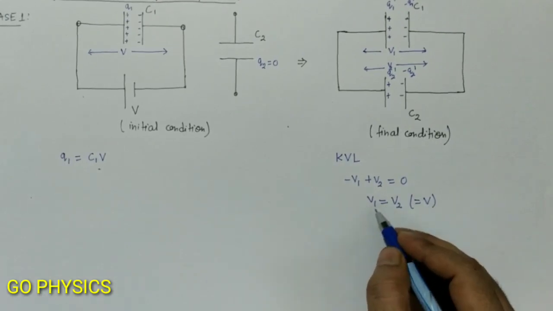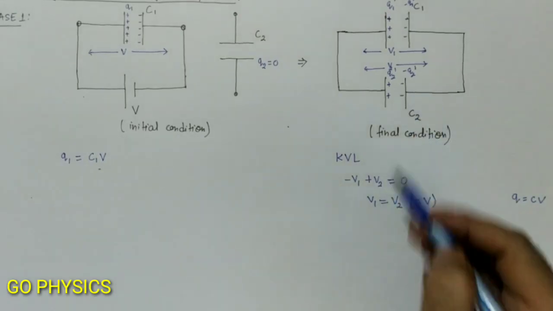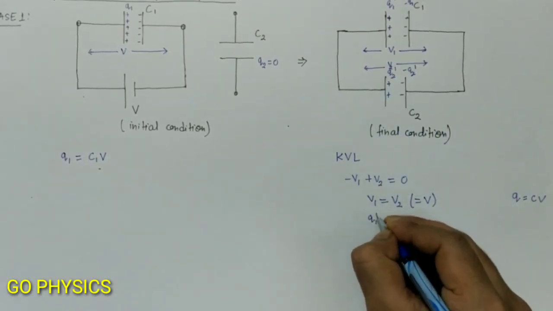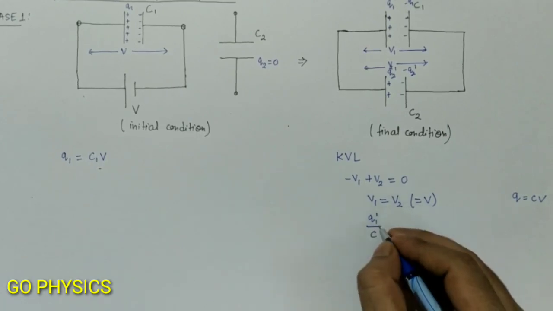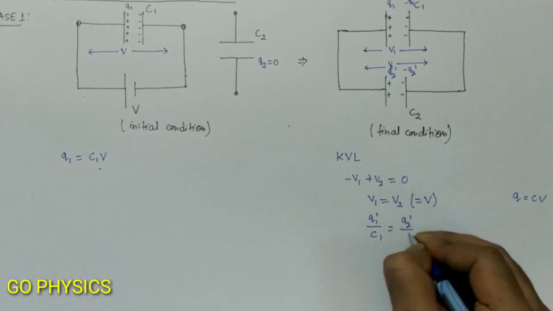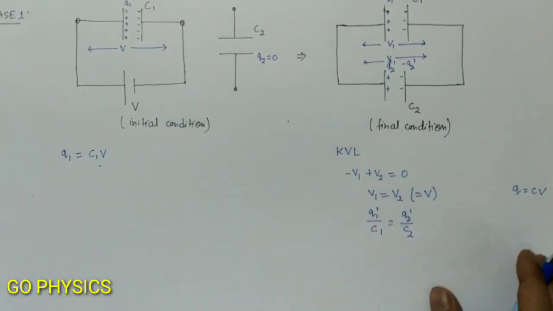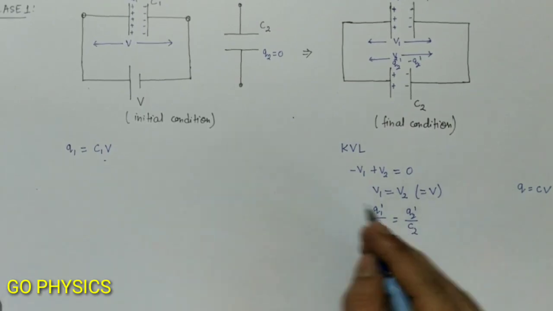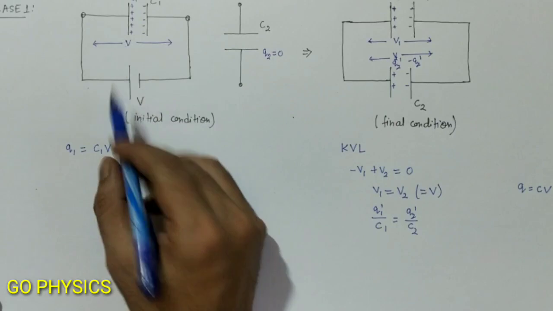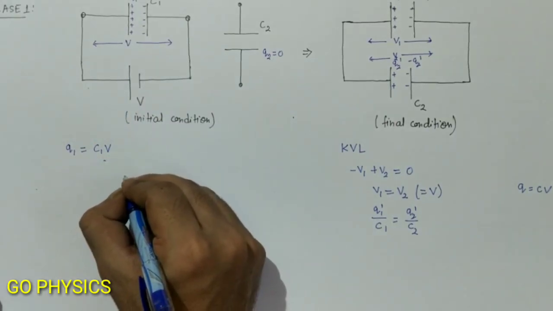And as we know that Q equals CV, in the final situation V1 will be Q1 dash by C1 and V2 will be equal to Q2 dash by C2. And from charge conservation we can say that total initial charge is equal to total final charge.